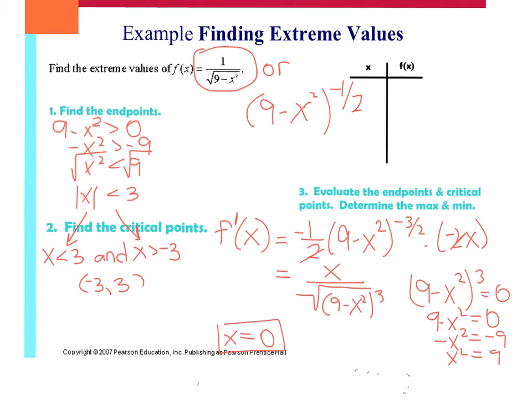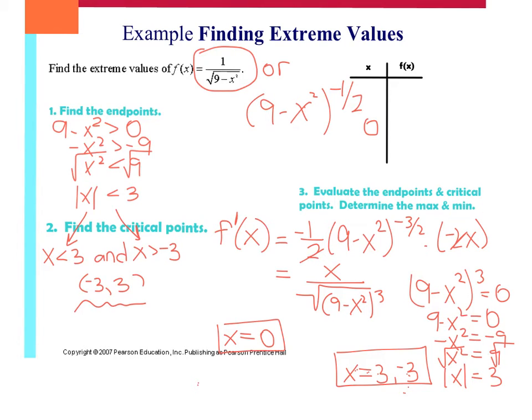So I take the square root. I get the absolute value of x equals 3. So therefore, the other critical numbers are 3 and negative 3. Well, because we examined the domain, we realized that the domain cannot include 3 and negative 3. So the only candidate for an extreme value is the value 0.